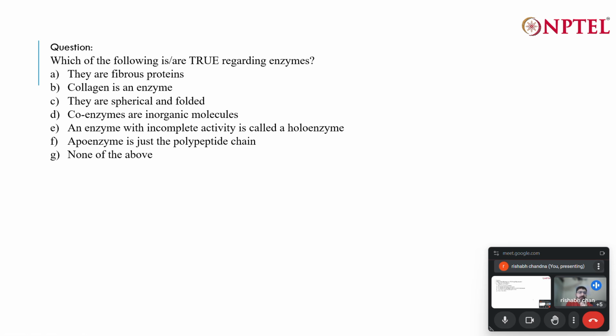So now we'll be starting with the enzymes part, the basic major topic that we studied in the third week. Which of the following are true regarding the enzymes? What can be the correct answer? More than one option can be correct in this case also.